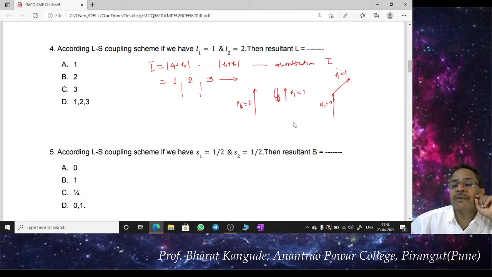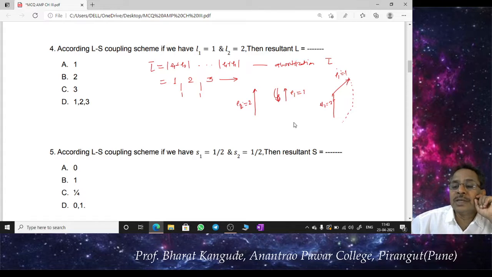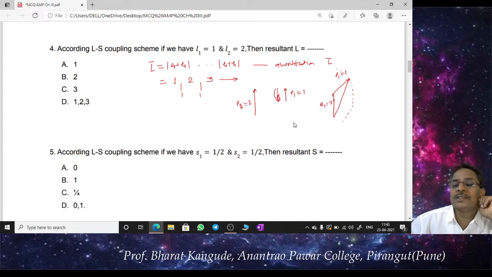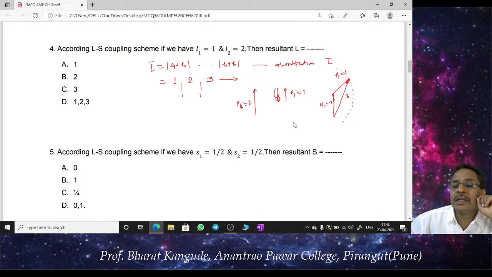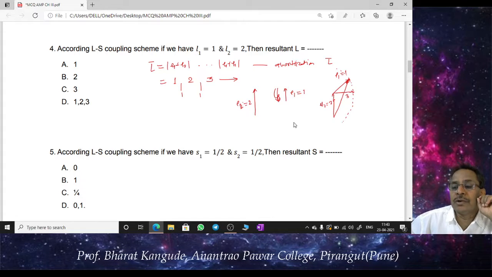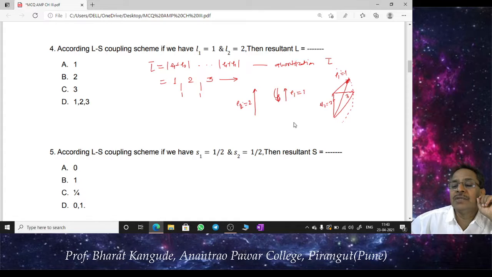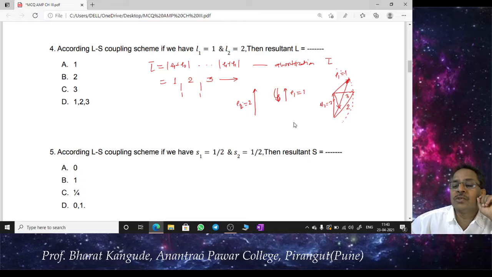It takes different directions as shown and the resultant is different. In some case when we add L2 plus L1, we get this to be vector 3. In another case, this orientation of L1 is possible, then this addition will be equal to 2, and sometimes this orientation of L1 is also possible here.